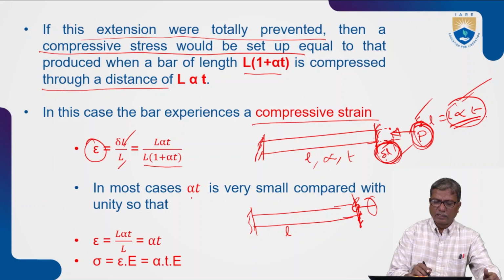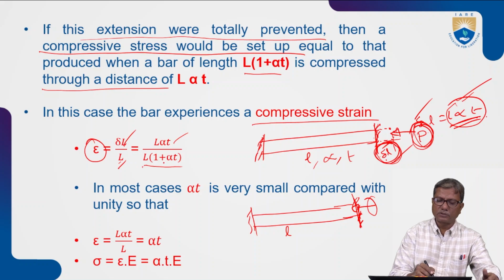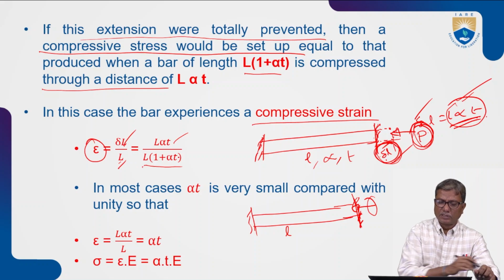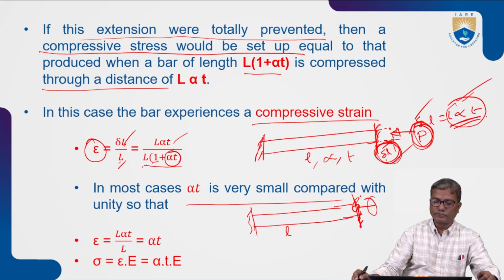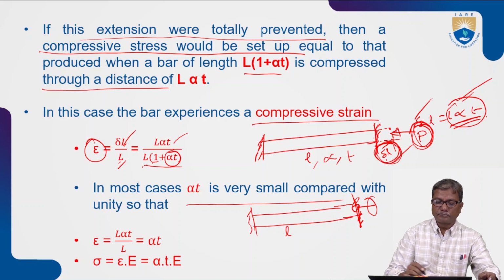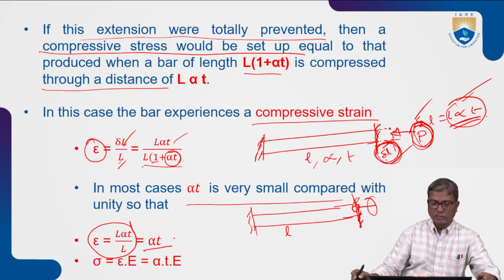Okay, and we can write this as L alpha T divided by L into 1 plus alpha T, and this alpha T when compared to 1 is very, very small. Hence we can neglect that, and we can write the strain as L alpha T by L, which gives the strain as alpha T.